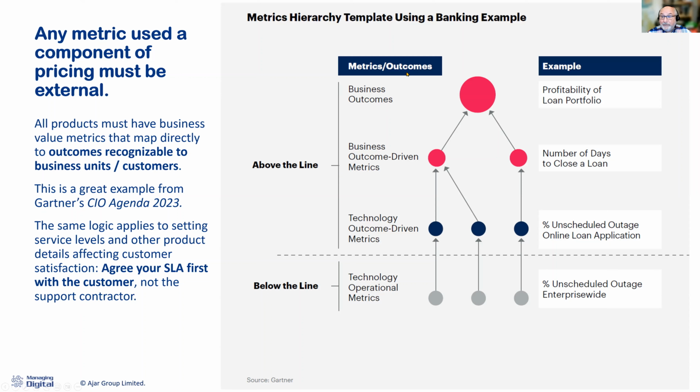The business outcome that the bank is interested in is profitability of the loan portfolio. And you can deconstruct that and decompose that into things that go down the stack until you get to low-level things that are still recognizable to that loan manager. Unscheduled outage of the loan application, well, they're interested in that.